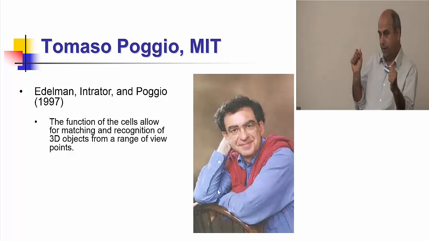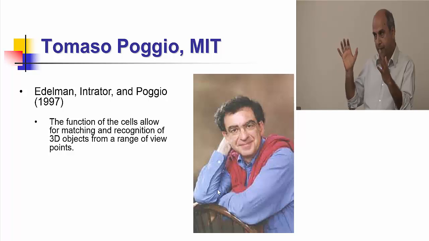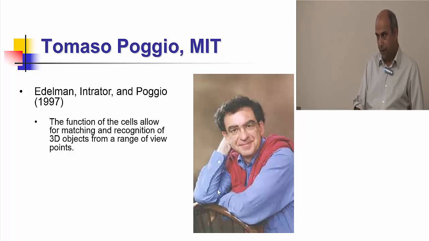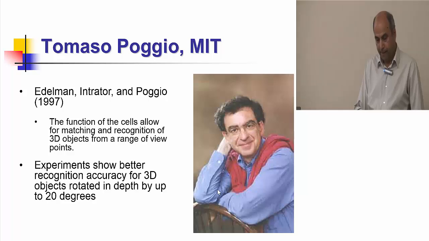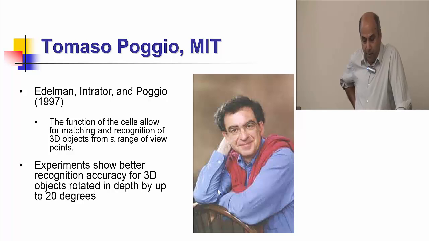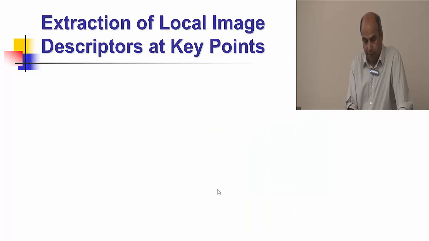You show one 3D object, and you rotate and translate it, and still they are able to find it. These are the experiments they did, by neurophysiologists. Experiments show better recognition accuracy for 3D objects rotated in depth up to 20 degrees. It's rotated 20 degrees and still works.